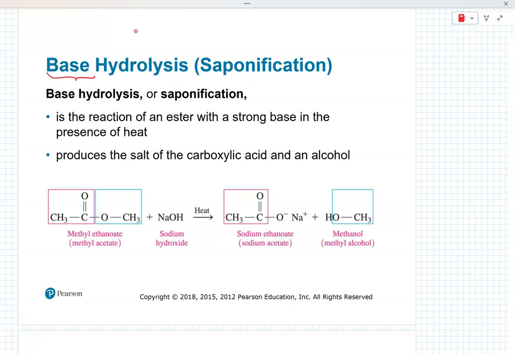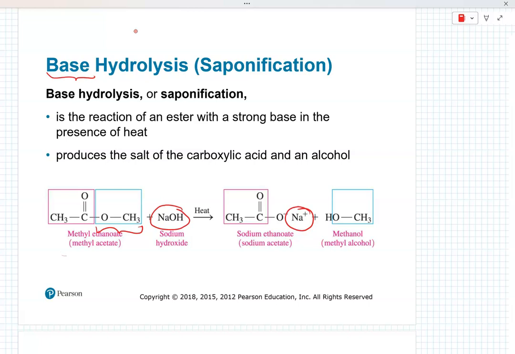Okay? So in this situation, sodium hydroxide replaces the alcohol residue in the ester, but almost immediately forms a salt with the sodium.